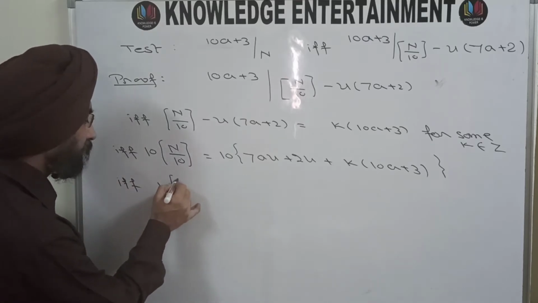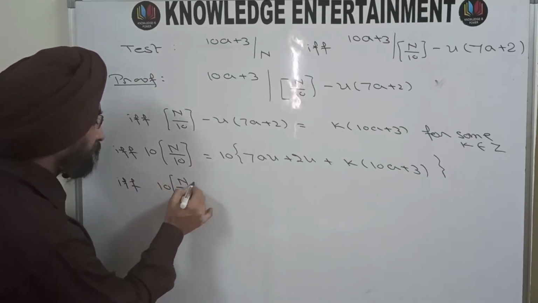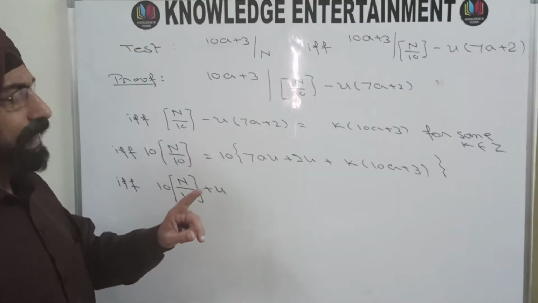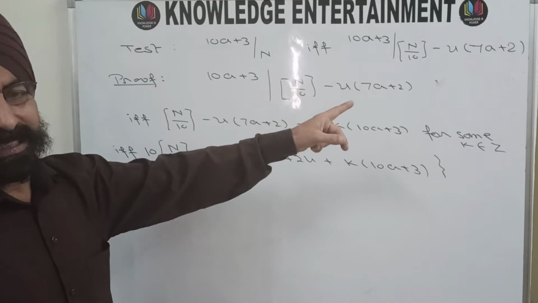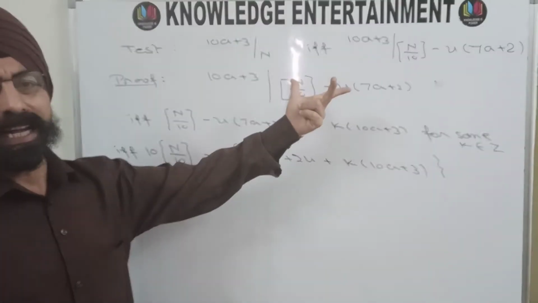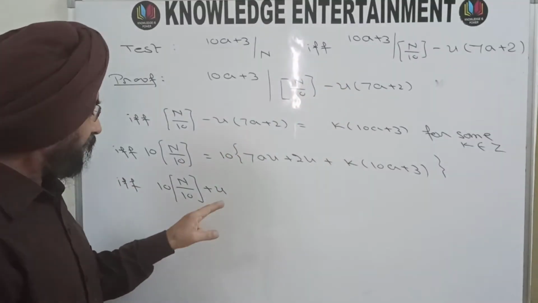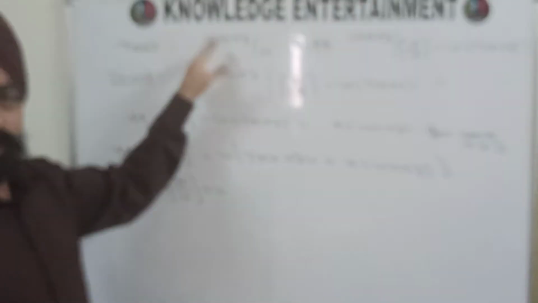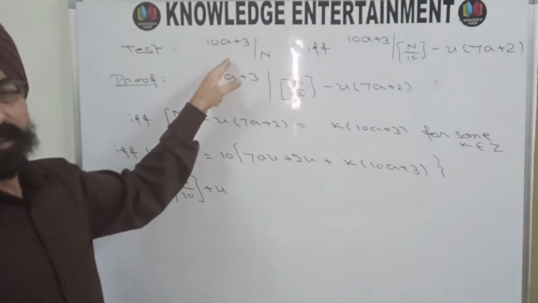10 times the greatest integer of n by 10, plus u. What is u here? U is actually the last digit of the large number given. So u is the last digit and a is the tens digit of the divisor.